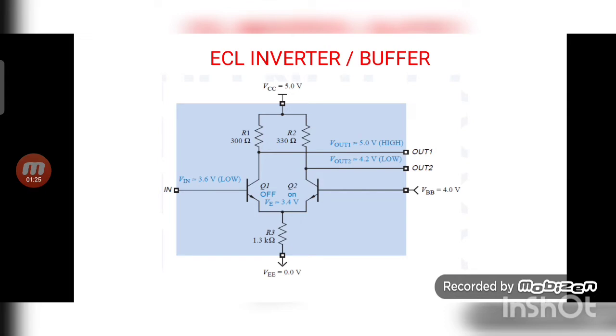Here we use Q1 and Q2 transistors, and R1, R2 are the resistors used for biasing. Q2 is given VBB, about 4 volts, at the base. Vin at 3.6 volts is low. Compared with TTL, 3.6 volts is the normal high voltage, and below 3.6 we go for low. The two emitters are coupled to ground, that is 0 volts, through R3.